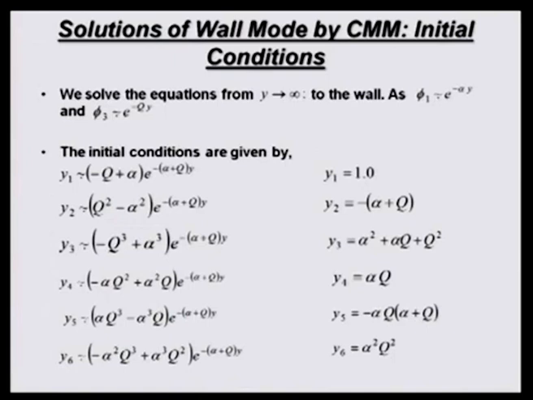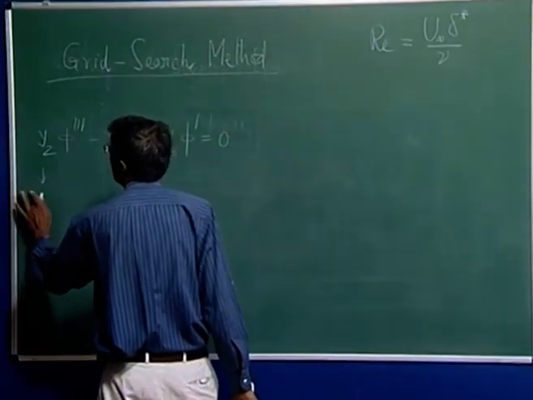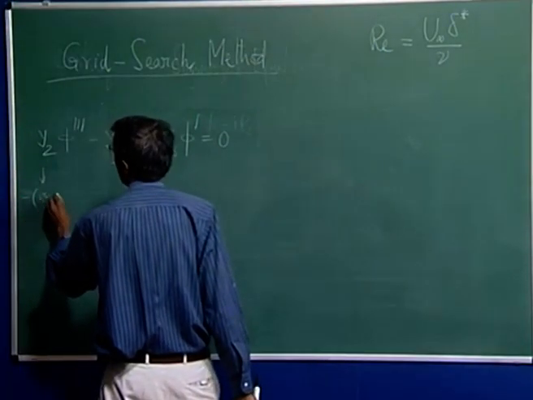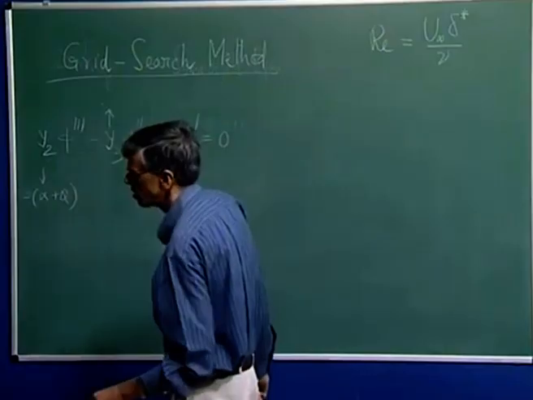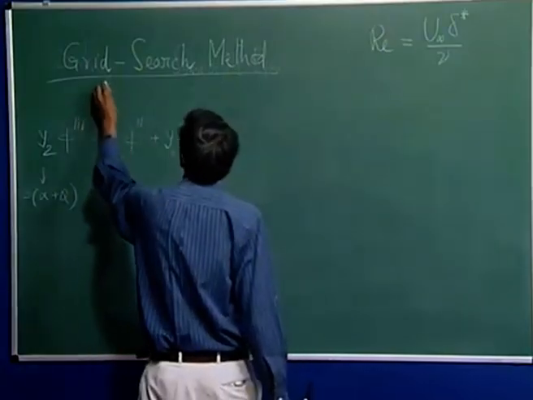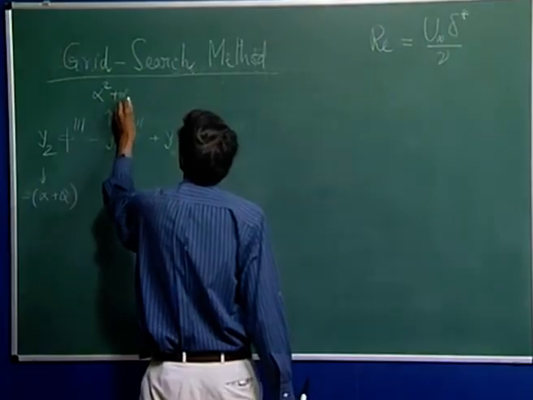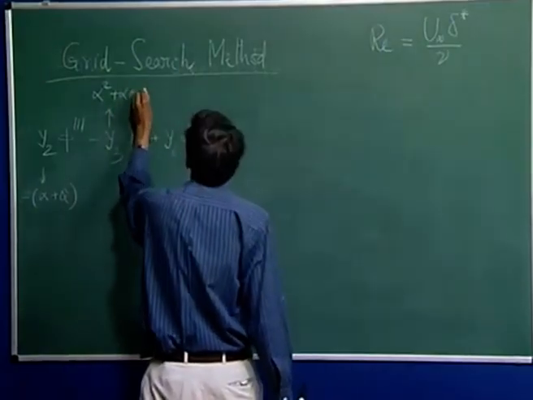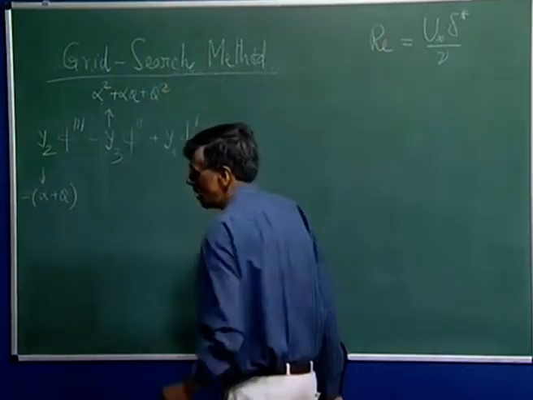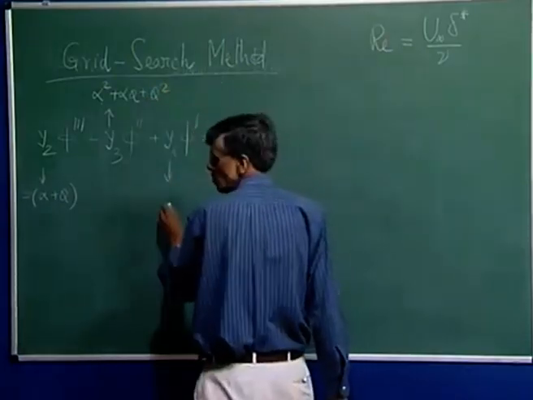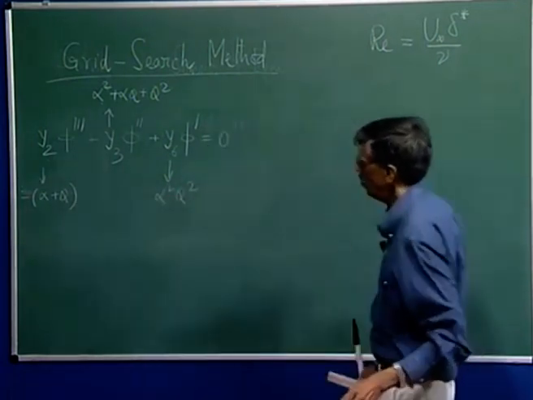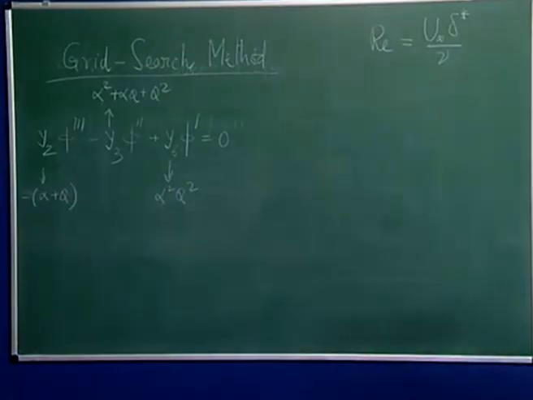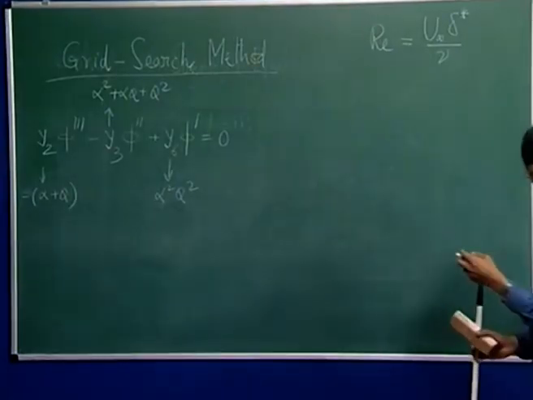So, what happens is, this is your minus of alpha plus q, and y3 is alpha square plus alpha q plus q square, and y6 is alpha square q square. So, what do we say about this equation? The coefficients are identified for you.